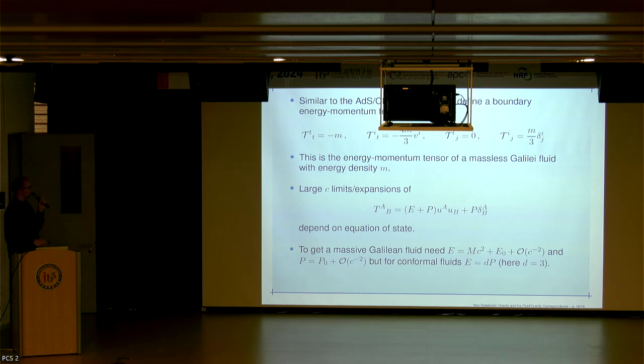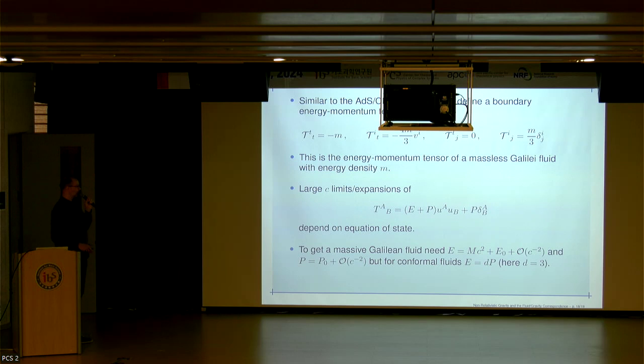And this is what we call a massless Galilean fluid. Now, normal fluids, the ones that we're familiar with, are massive Galilean fluids. You may wonder, was it a surprise that this is what we get? And the answer is no, it isn't a surprise, because if you start with a relativistic energy momentum tensor for a fluid, then the large speed of light expansion of that depends very much on the equation of state.